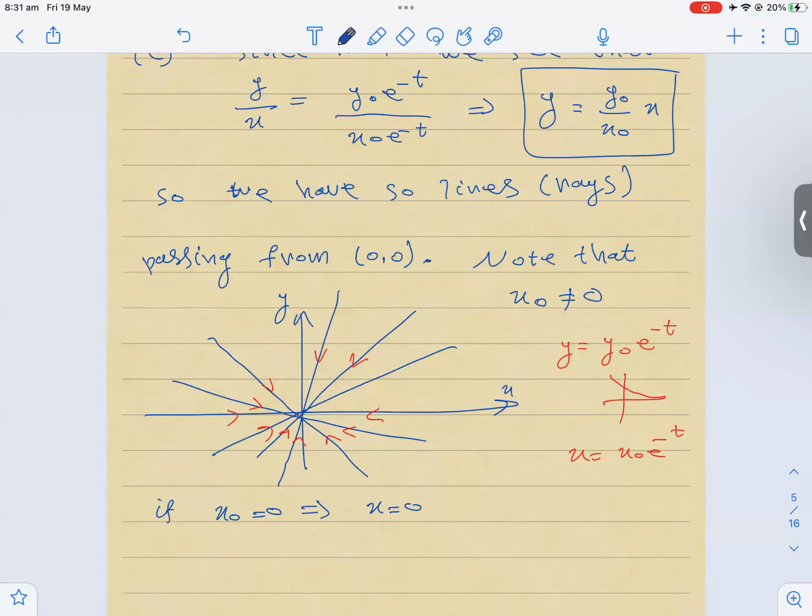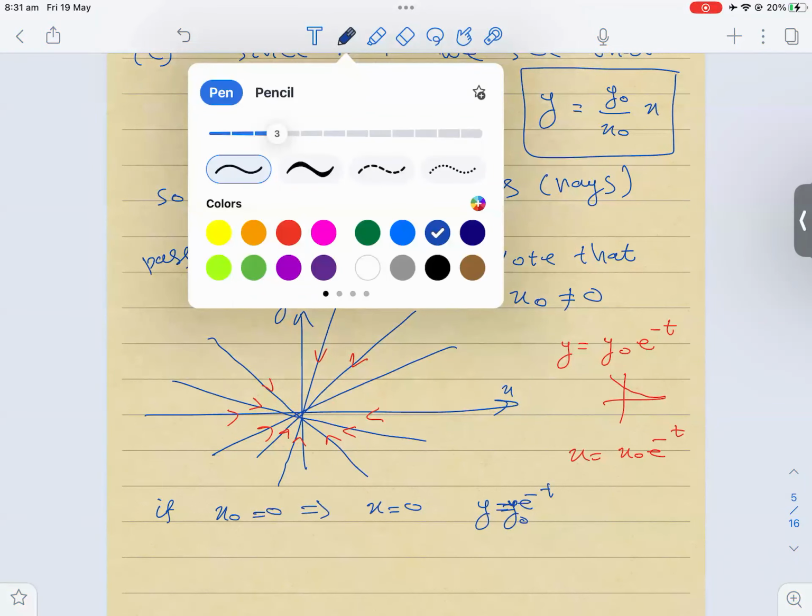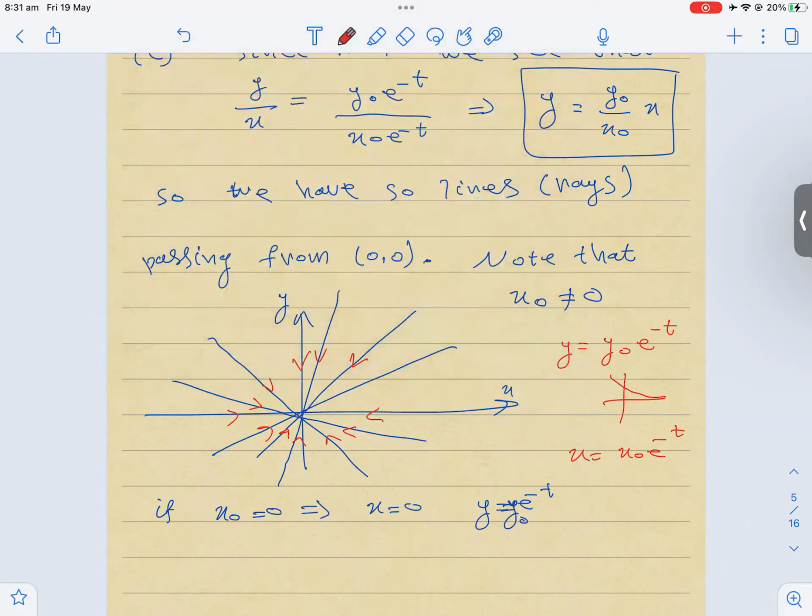Then again, y is, so it means we are here, okay? So y is again e to the minus t with some coefficient. So again, this guy is tending to the origin.